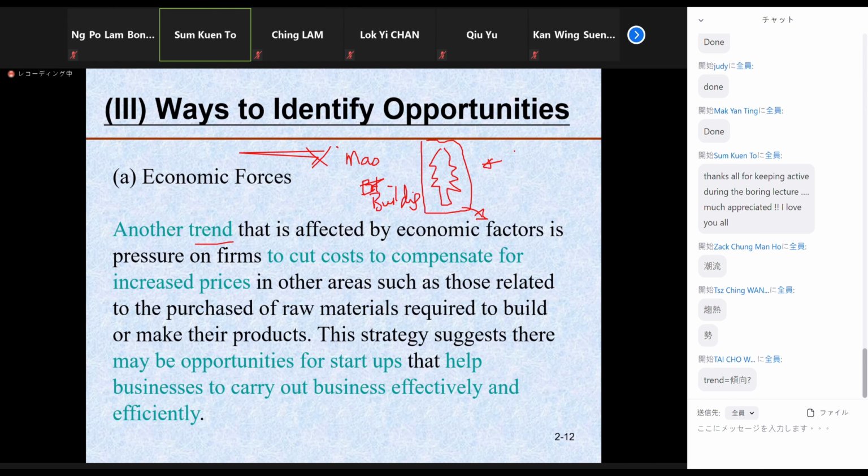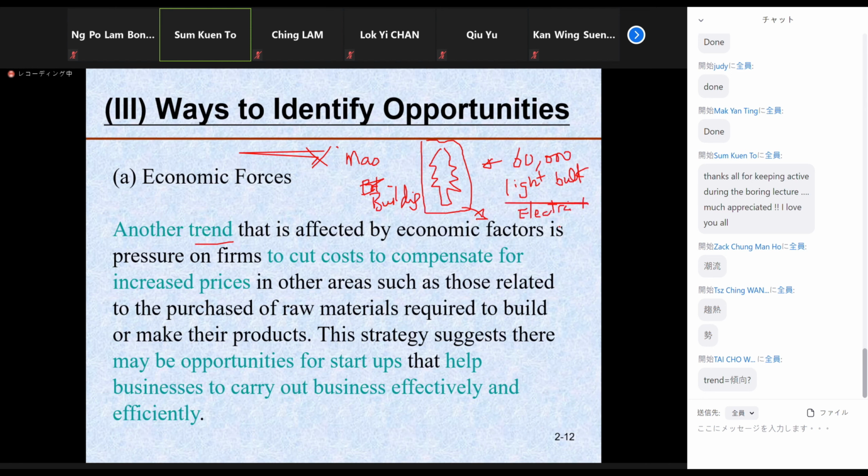We need to use maybe 60,000 light bulbs, and also the electricity charge is so expensive.